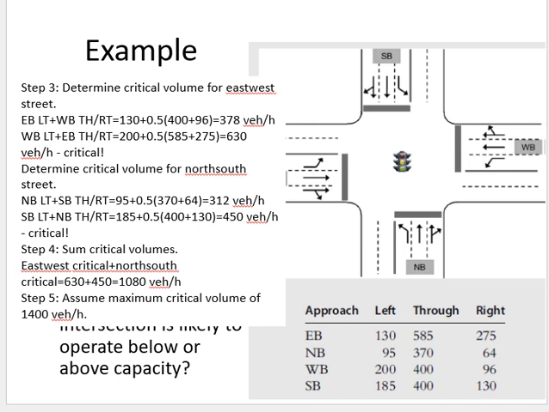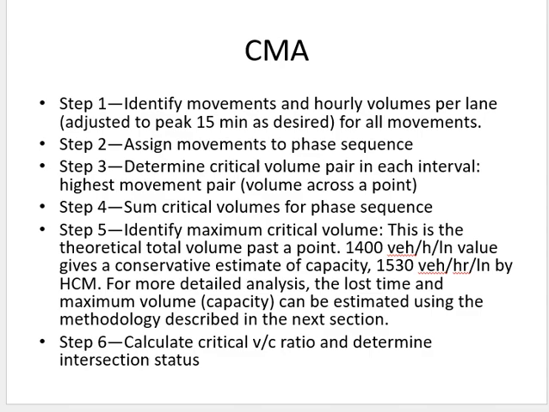So now we will add the critical. We have critical from the east-west direction and we have critical from the north-south direction. You will add them together. This will give you total volume. After that, we'll assume the maximum critical volume, the saturation flow rate. I told you they have given us some recommended values, right?